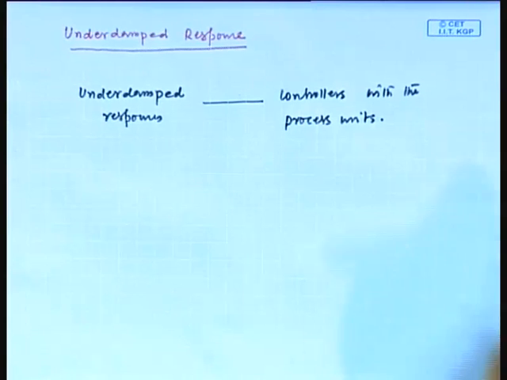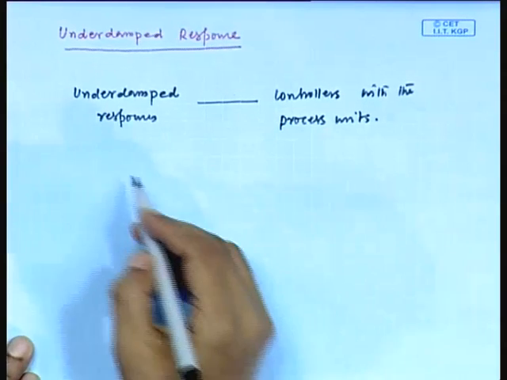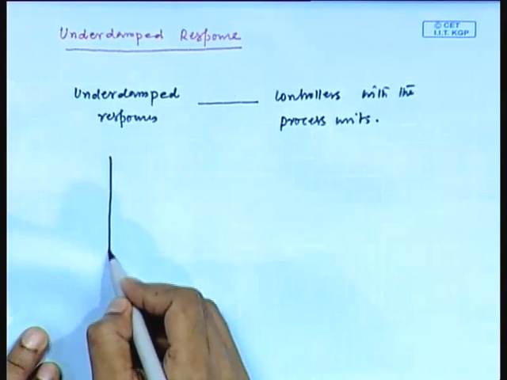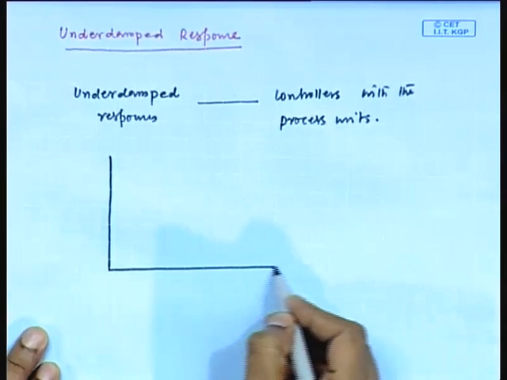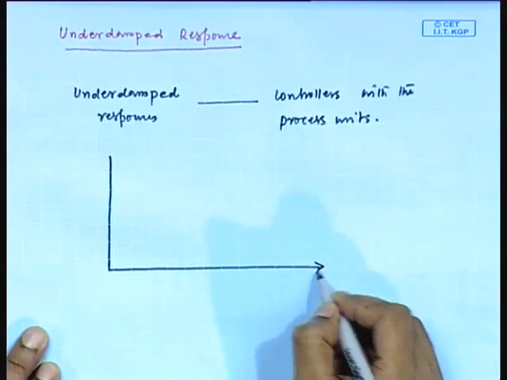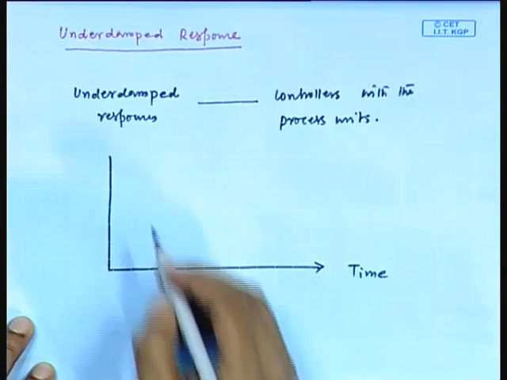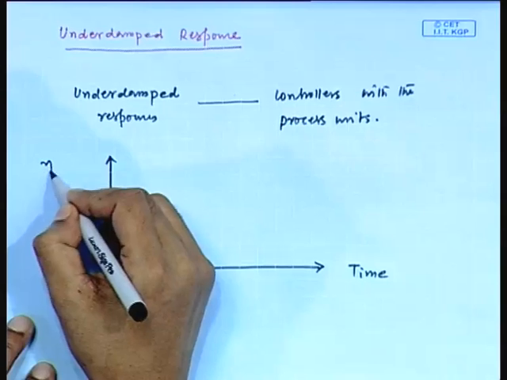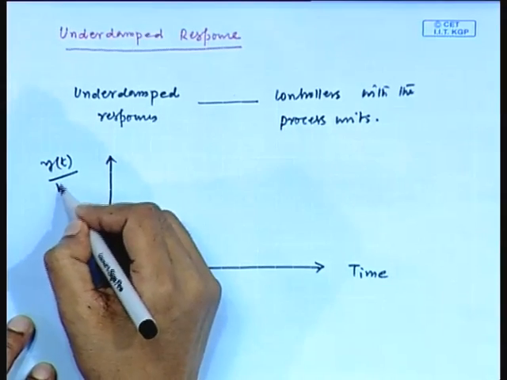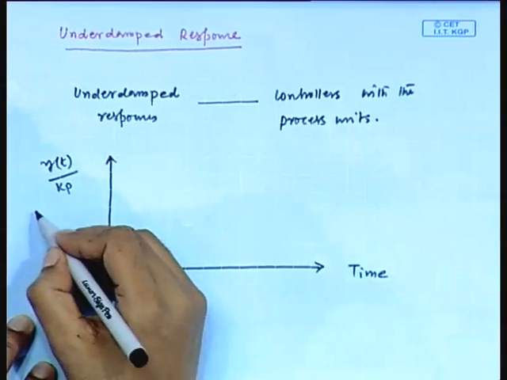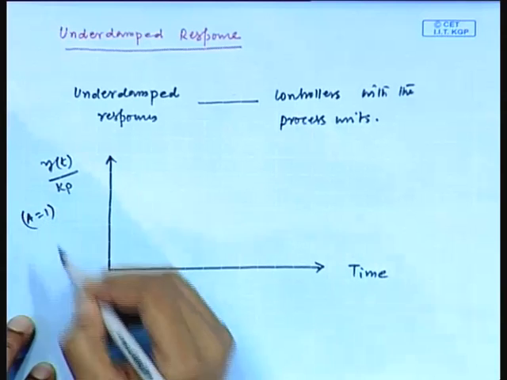Now, we will draw the response. Suppose this is time t, and this is y(t) by K p. We are considering here a equals 1.